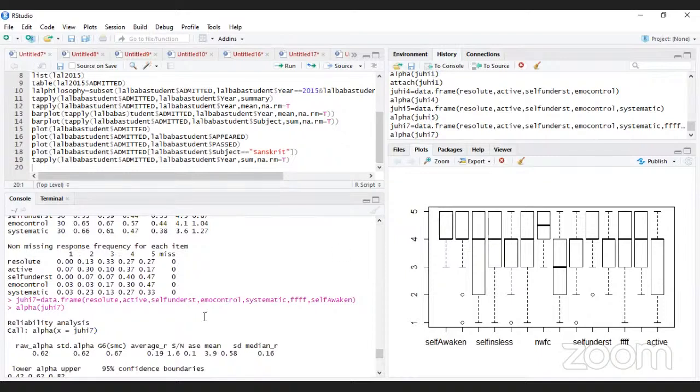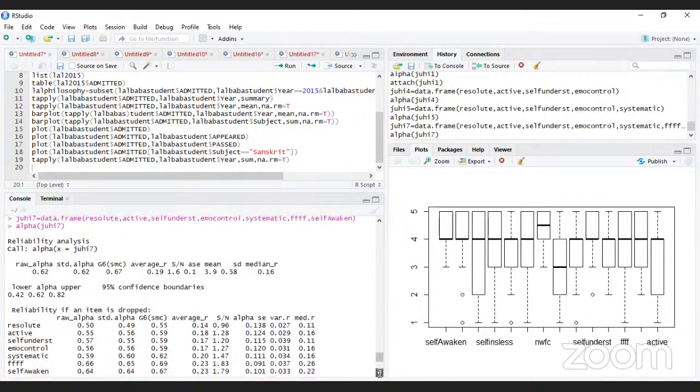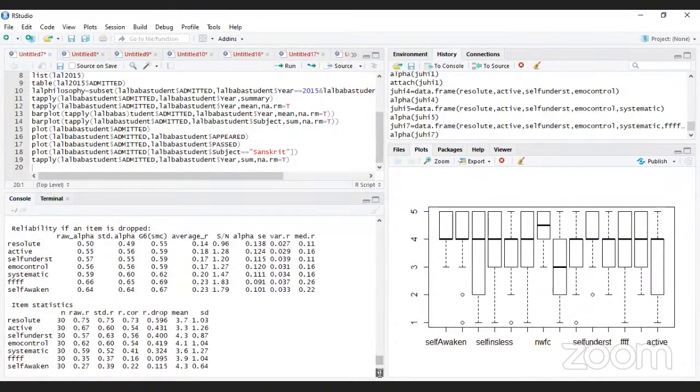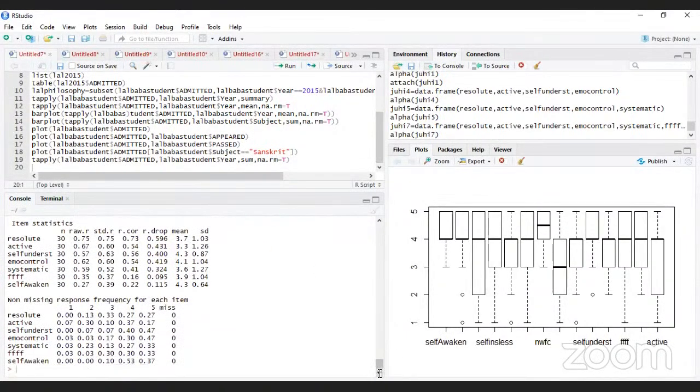So now alpha value is less. Okay, so we should not take those data. Is it clear? Yes, sir. So since alpha value is less, that means they are not good items. Okay, so they can affect the other items. So it is better not to take.